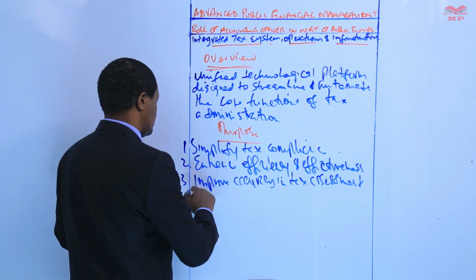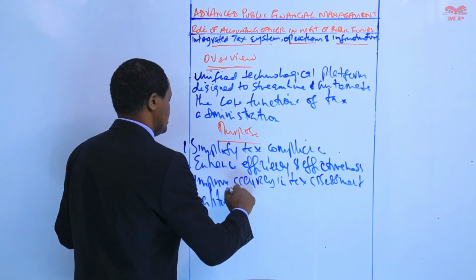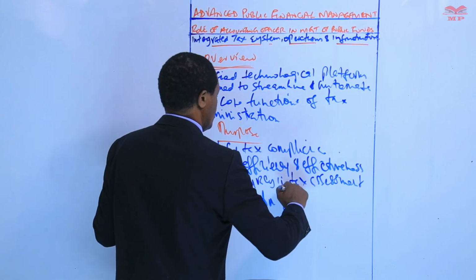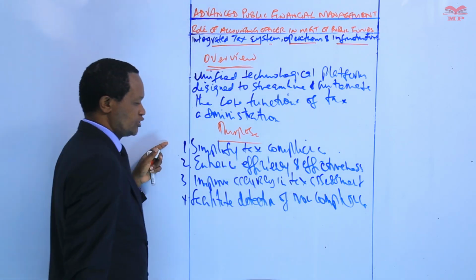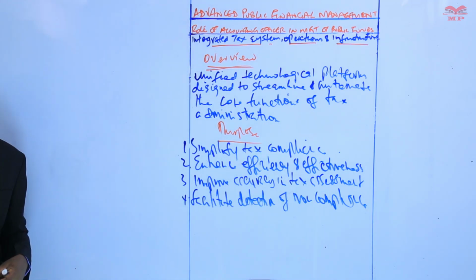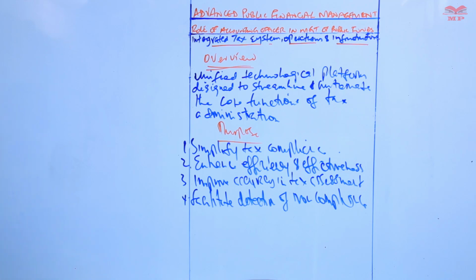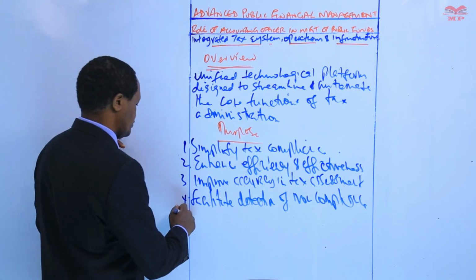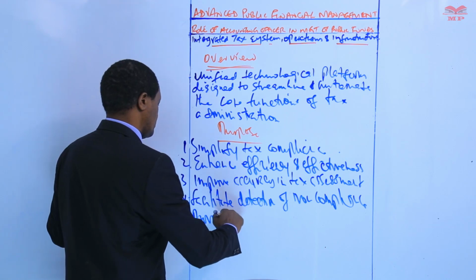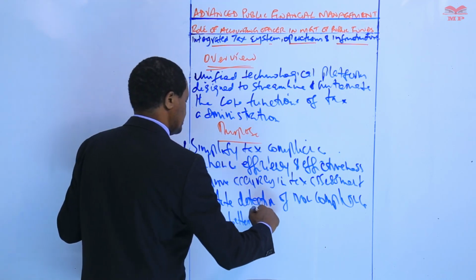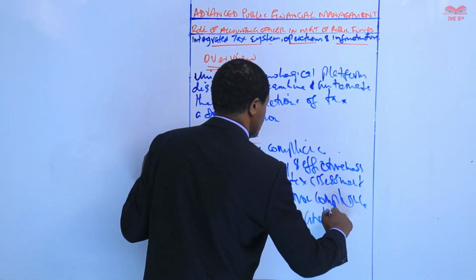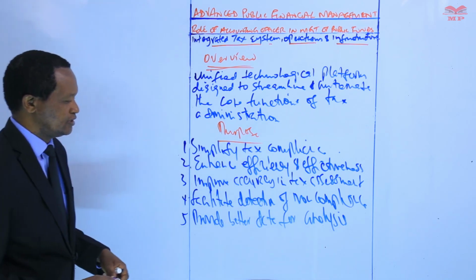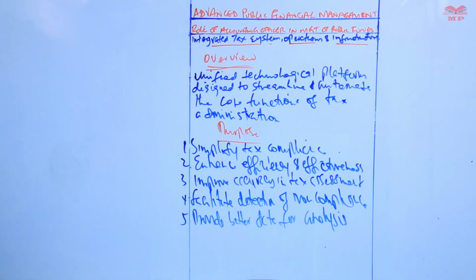Number four, to facilitate detection of non-compliance and even tax evasion. Number five, to provide better data for analysis, reporting, and policy making.